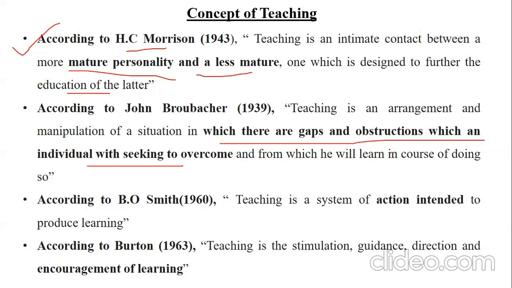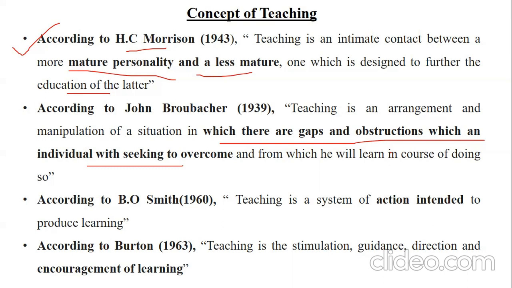Every teacher has to create that bond, that atmosphere, that network, in order to ensure that the teacher inculcates a desire to learn in the student. But in this process, there will definitely be many gaps and obstructions, and these have to be reduced in order to learn or get the education, and that is given by John Brubacher. So that is one of the concepts of teaching listed.